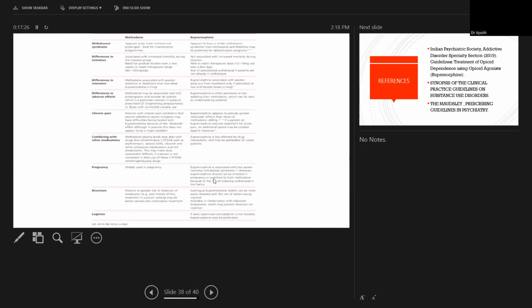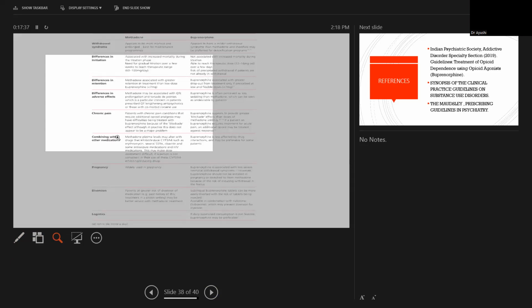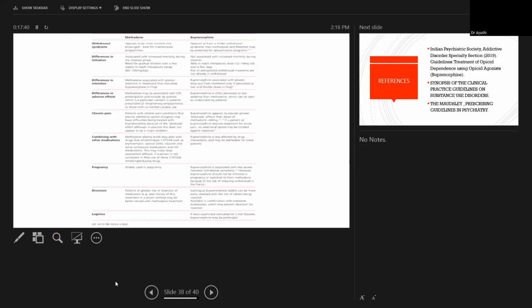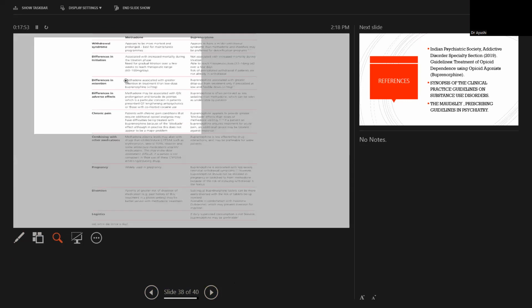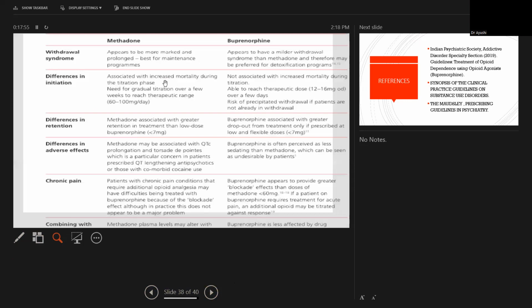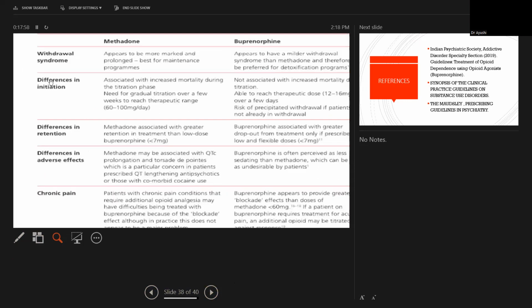This is a comparison of methadone and buprenorphine. Methadone withdrawal appears to be more marked and prolonged, so it is best for a maintenance program.